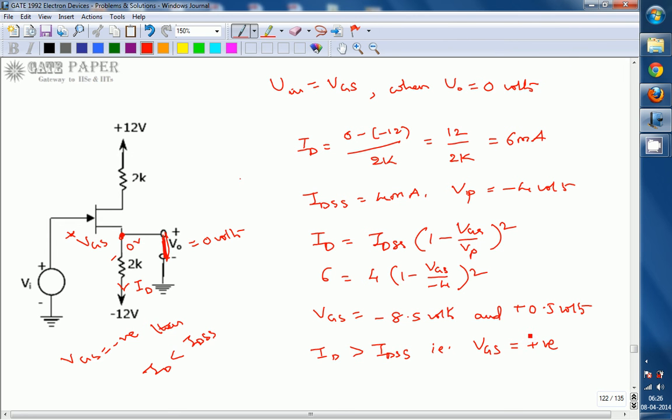If VGS is negative, definitely ID value has to be lesser than IDSS. So the right option for this one is VI is equal to VGS, which is plus 0.5 volts when V out is equal to 0 volts. Okay, so this is the required answer for B bit. Thank you.